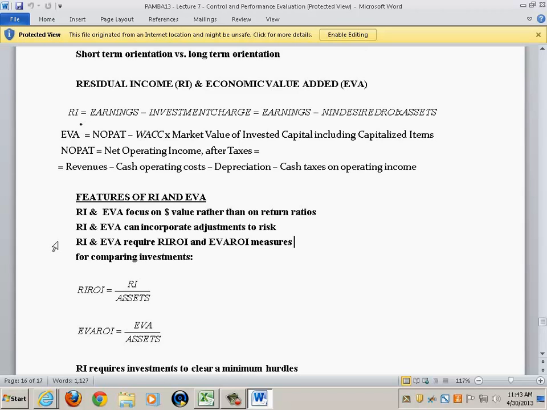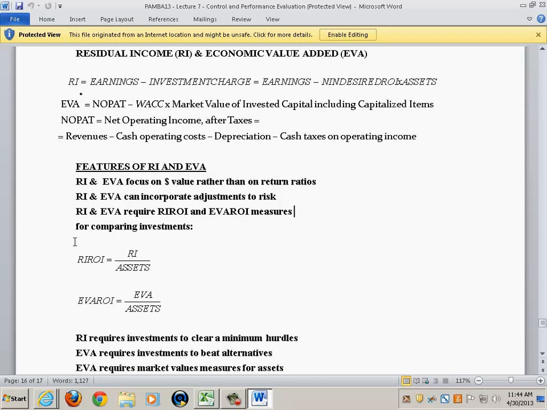Now if you want to compare investments over time, or investment units, or performance of a company over time or cross-sectionally, you have to adjust the RI and the EVA because they're not adjusted for scale. There could be higher or lower dollar figures just because you have a higher or lower scale of operations.